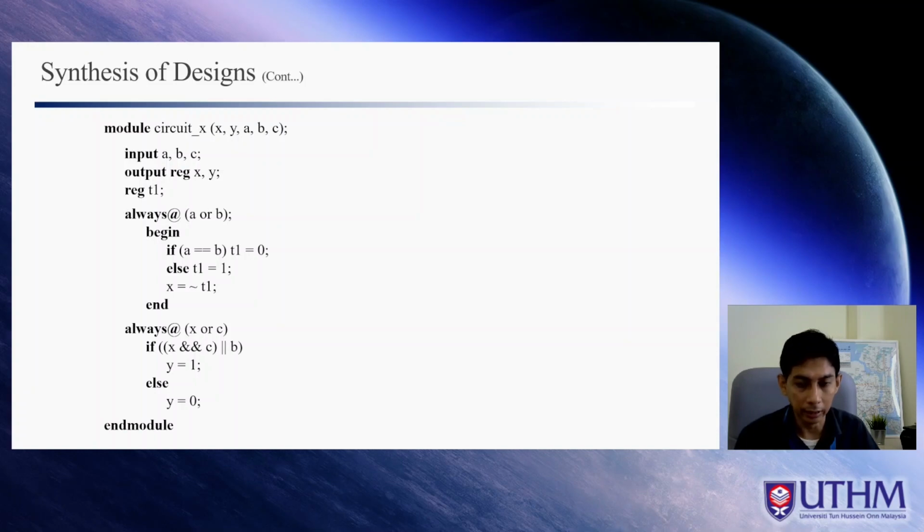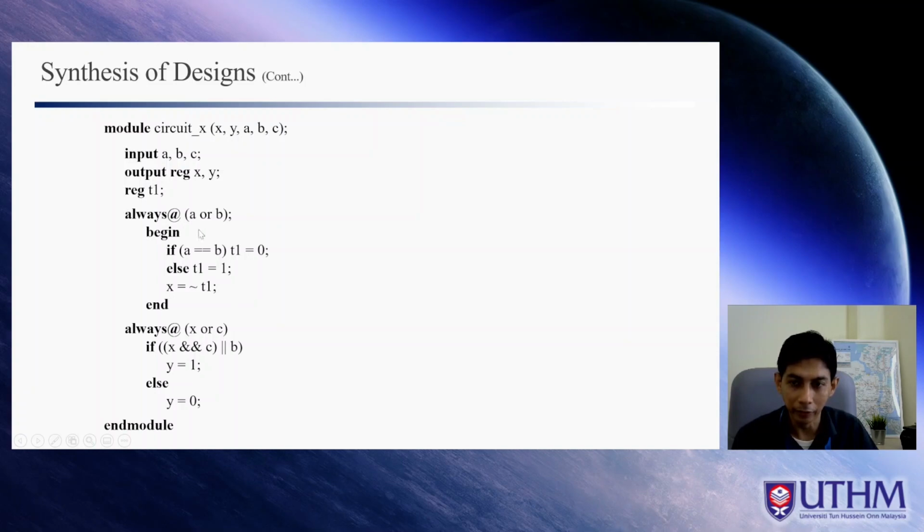Getting the circuit from those two modeling styles is quite straightforward. But for behavioral modeling, synthesis is not straightforward because we need to understand the behavior of the circuit based on this behavioral code. So it's not easy.